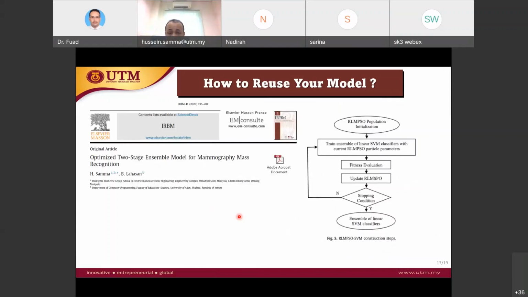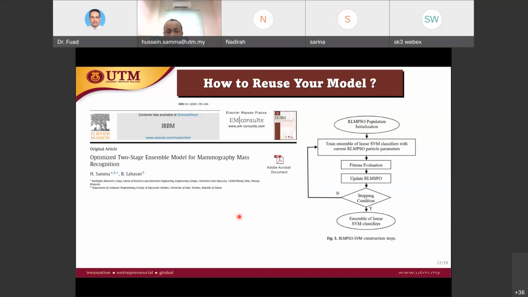Also, another idea I'd like to share with you, based on my personal experience: there is a high chance for you to reuse your model as it is for different applications. But of course, the contribution will be less because this model is already published. There is nothing new, even if it's your model.